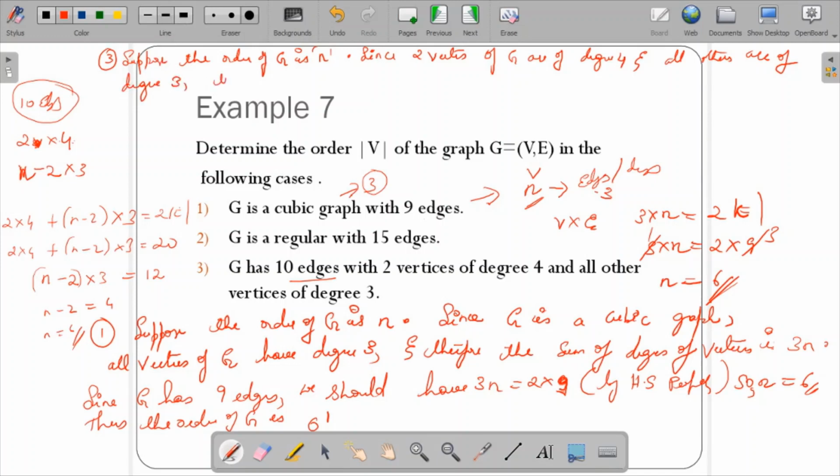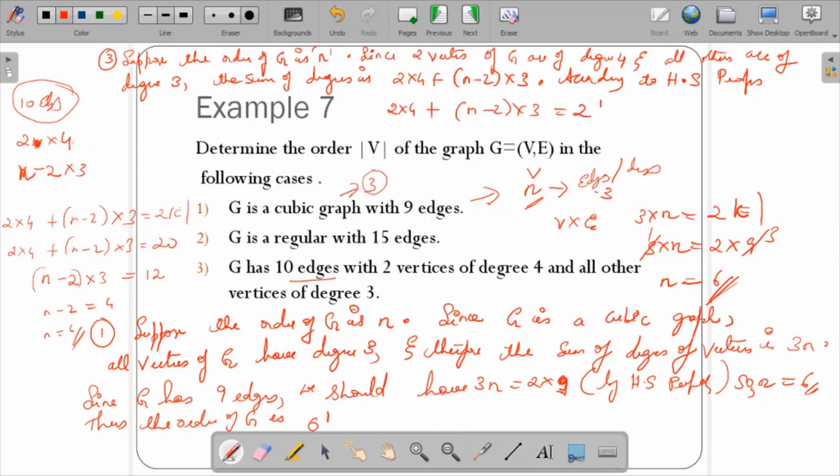Then the sum of the degrees is 2 into 4 plus n minus 2 into 3. According to the handshaking property, summation of the degrees, that is 2 into 4 plus n minus 2 into 3, is equal to twice the number of edges.